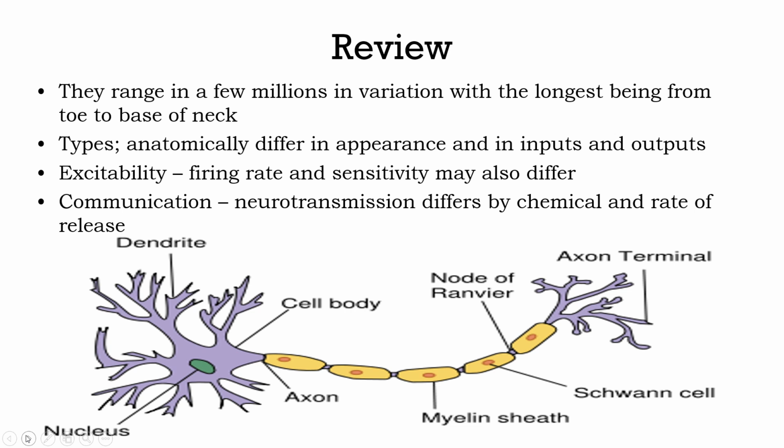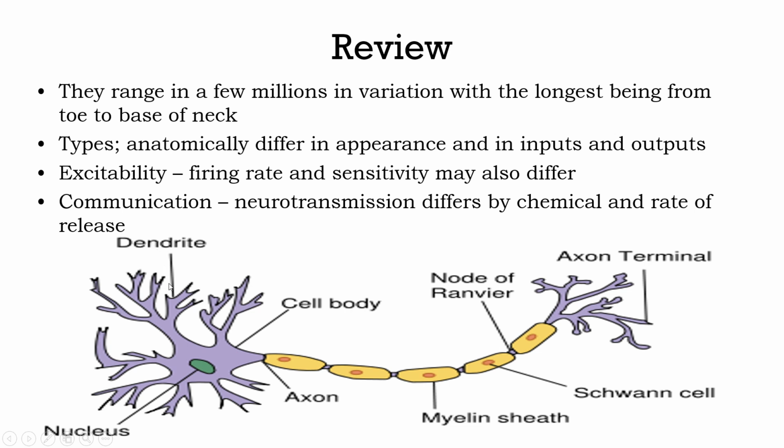Chemical transmission is the depolarization causing a release of a chemical at the terminal end, and this synaptic activity causes the next neuron to also depolarize and have the action potential reinitiated in the next neuron. So those are the things that I would like to review.